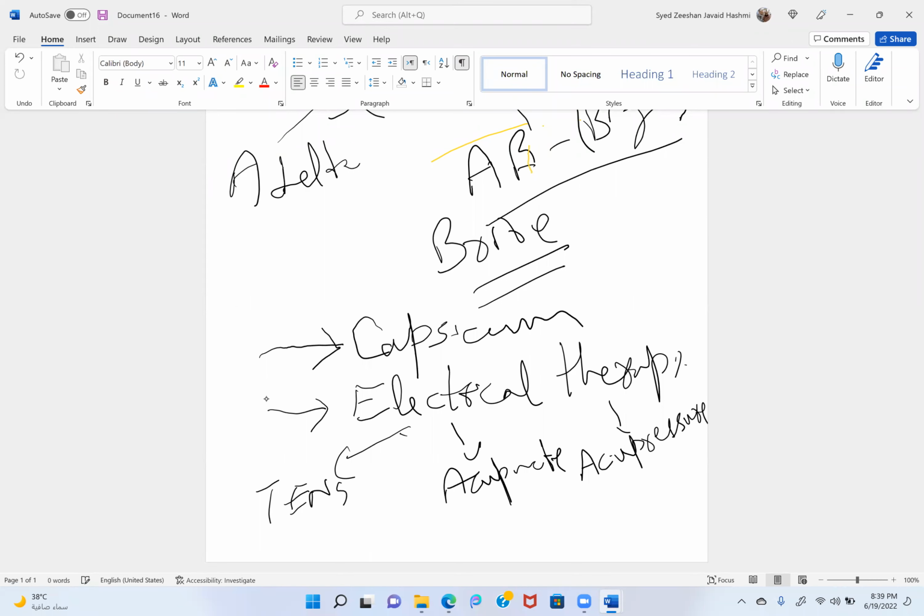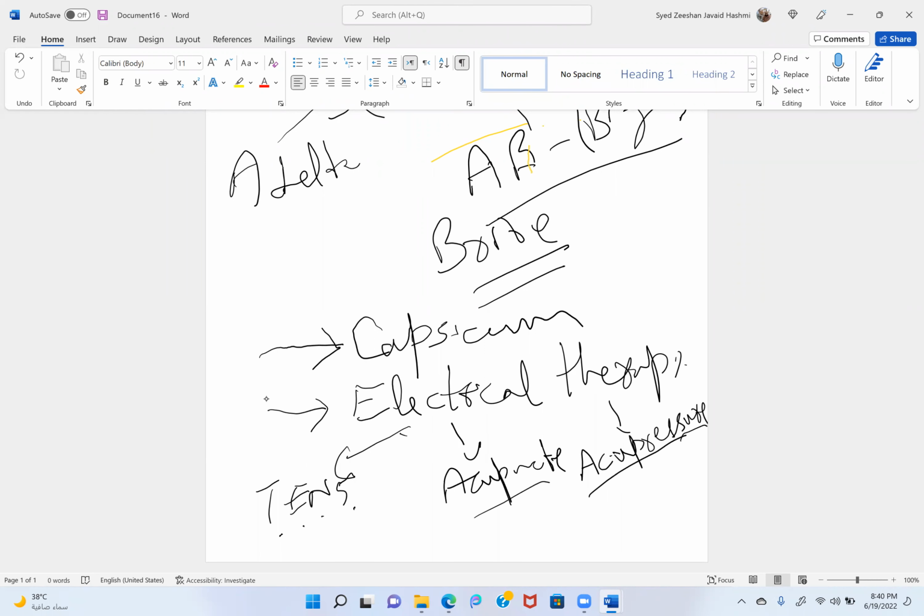Acupressure is similar to acupuncture. Acupuncture is through electrical stimulus, and acupressure is through pressure. And TENS is transcutaneous electrical nerve stimulation. It is almost the same mechanism.